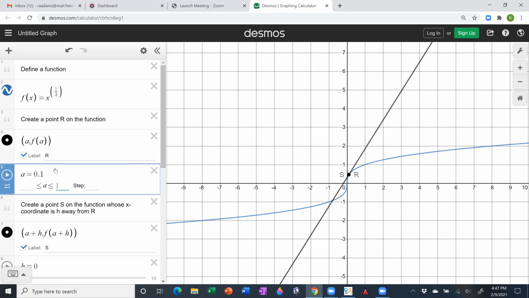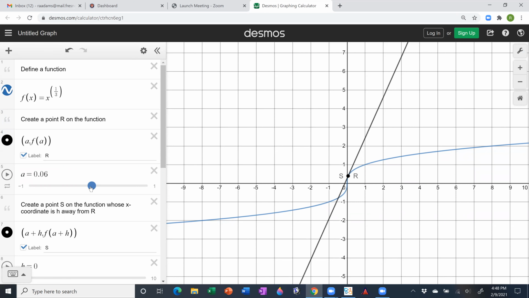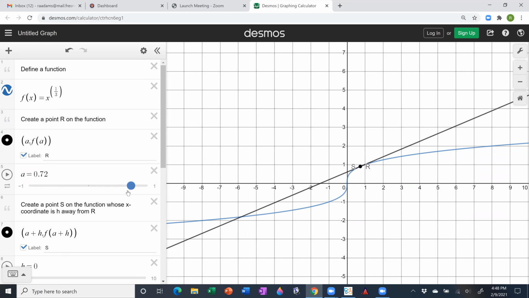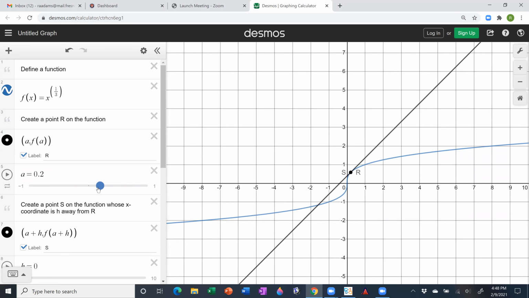Maybe if I adjust this a little bit, if I wanted a to be between -1 and 1, I can change this step to go by hundredths so it goes a little slower. Notice how the tangent line gives us the slope of this function anywhere we want. But if I let it go right down to 0, the tangent line becomes a vertical line right there.